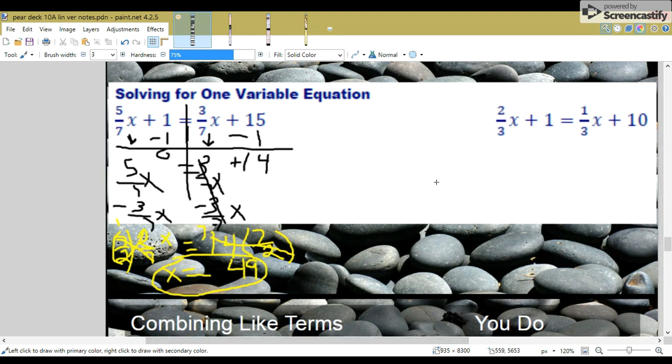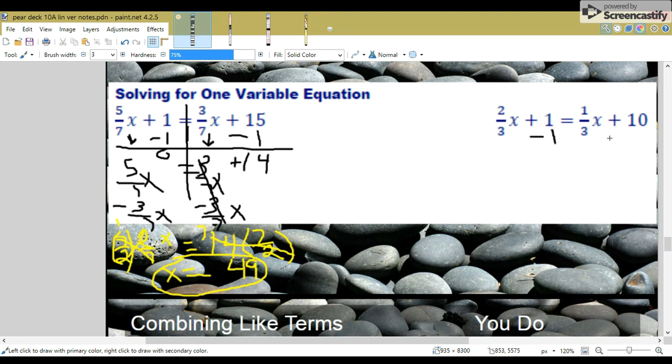Let's look at the other example. We have 2/3 x plus 1 equals 1/3 x plus 10. There's nothing to combine on each side of the equation, so we're going to go to the next step.